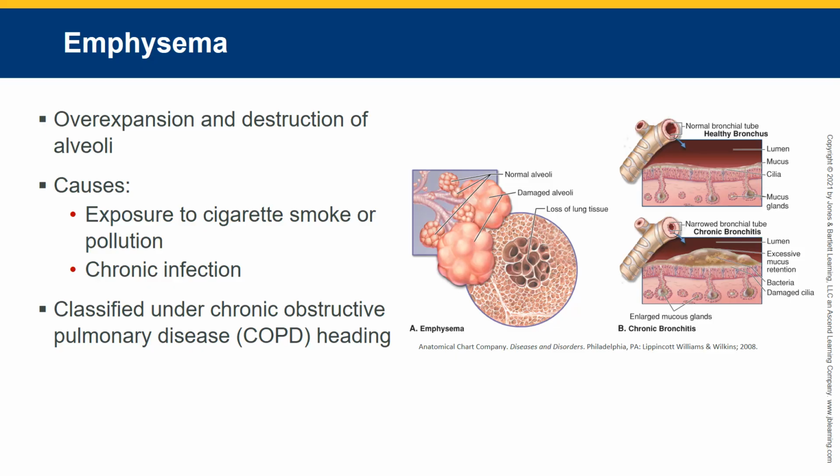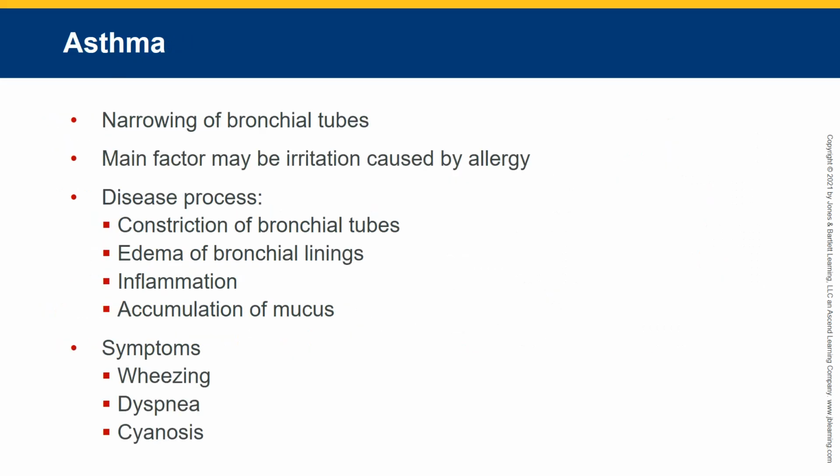So lots of ways you can get emphysema, and then some of the affiliated diseases that are not caused by things like smoking or pollution, but have the same kind of issue in developing breathing issues.